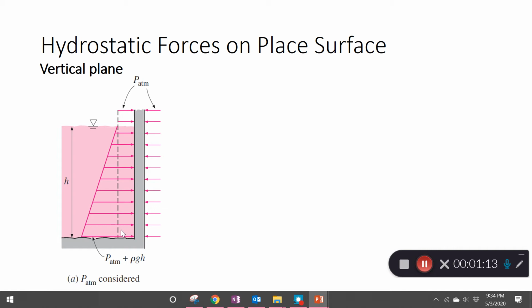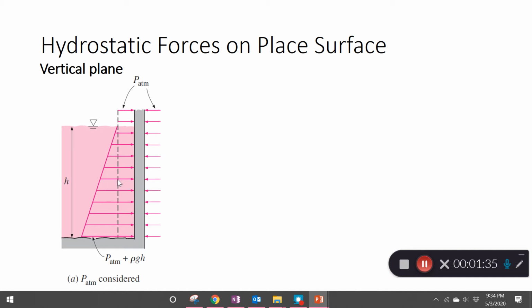Where there is fluid in the pink area here, there is an additional pressure given by rho gh. So at every point here, this is P atm at the surface. As you go deeper, there'll be P atm plus rho gh, until the bottom.